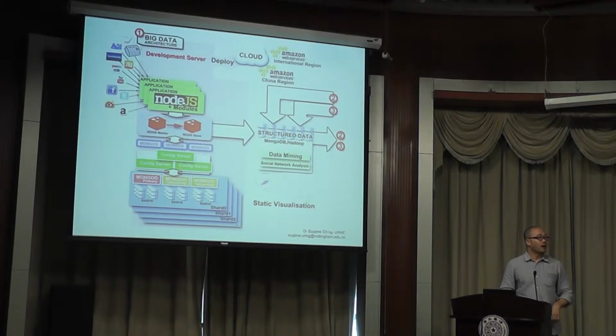We have architecture set up both in England and in the Ningbo campus. This setup is currently in development, with 2D and 3D data going out and coming back in visualization. We use Node.js a lot because it's non-blocking, asynchronous output, and it's built on Chrome's V8 engine, which is really powerful.